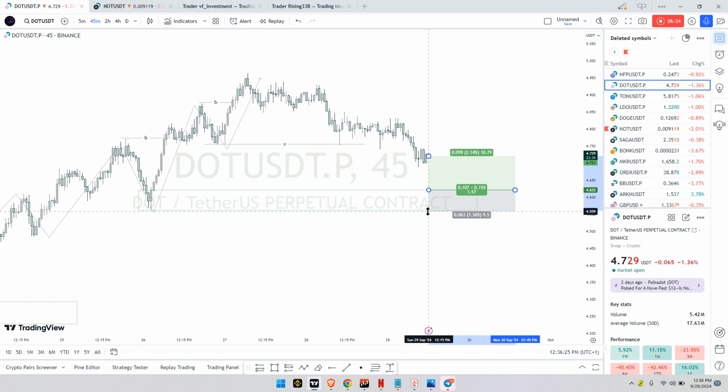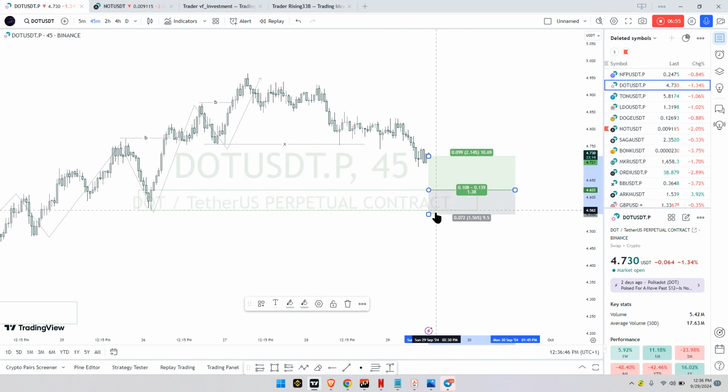Then most times I give a little more gap, just because the market might come to take liquidity at this wick here. So if I give a little more breathing space, I'll be on the safer side. That is just an extra thing I do for myself.